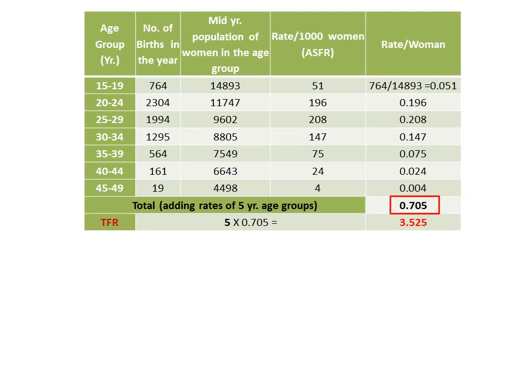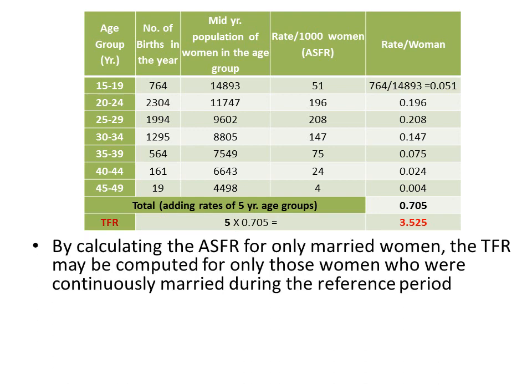Adding all the age-specific rates for a single woman, and finally multiplying the summation by 5, because the age groups are of 5 years and not of a single year, gives the total fertility rate of 3.52.